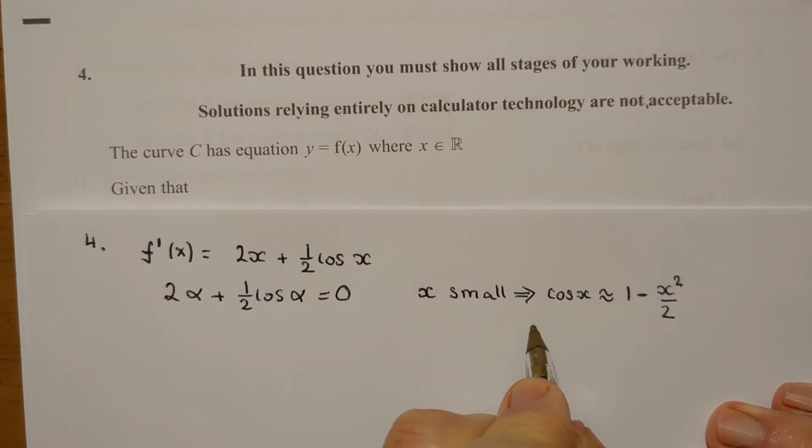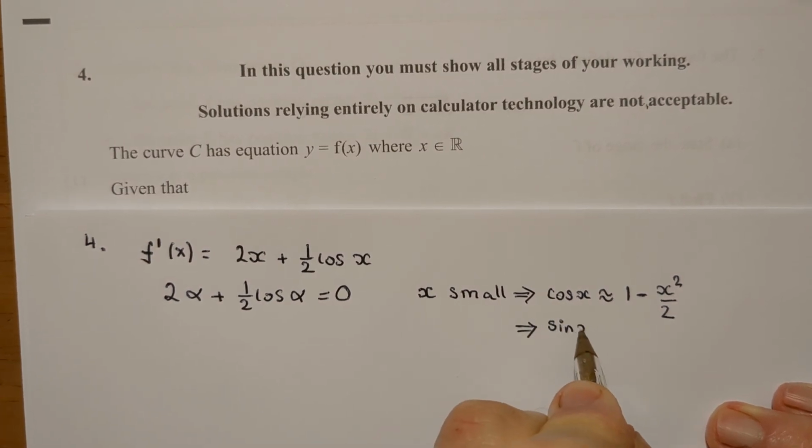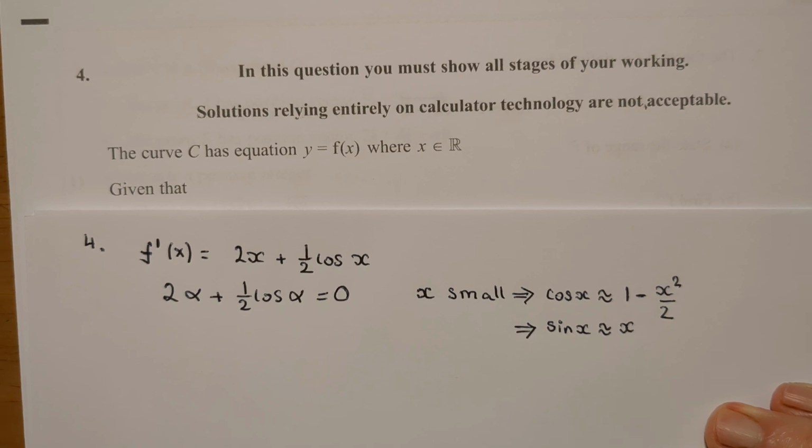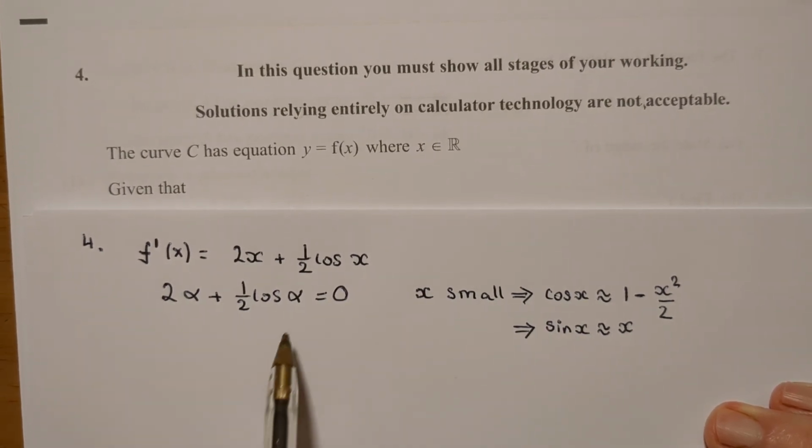And for what it's worth, although it's not part of the question, sine of x is approximately equal to x. These are the small angle approximations. X has to be measured in radians.